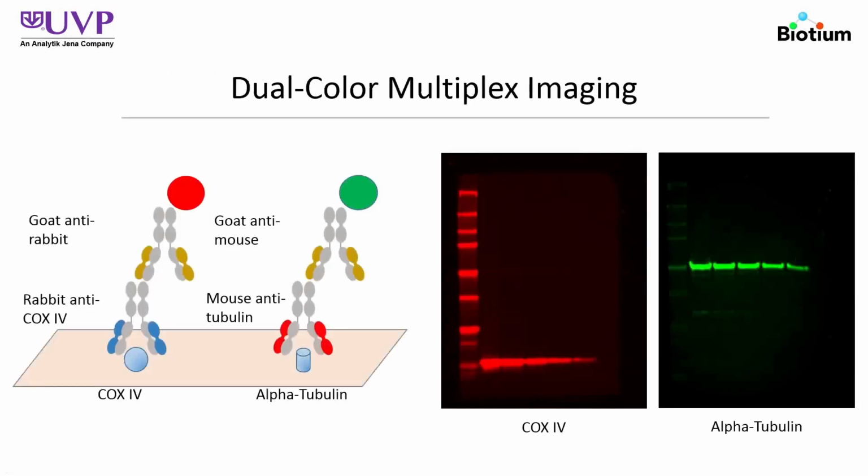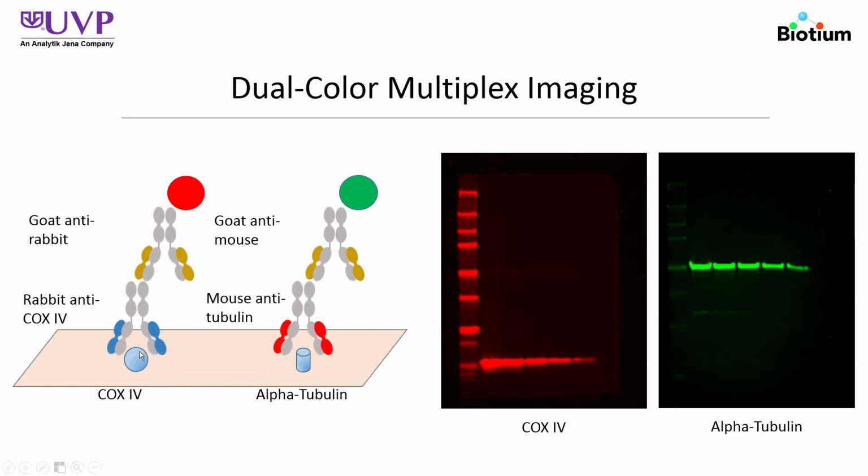So this is just an example of dual color multiplex imaging. In this example here, a cell lysate is blotted to a membrane. And here it's showing two protein targets now present on the membrane being detected simultaneously with antibodies that are raised in different species.